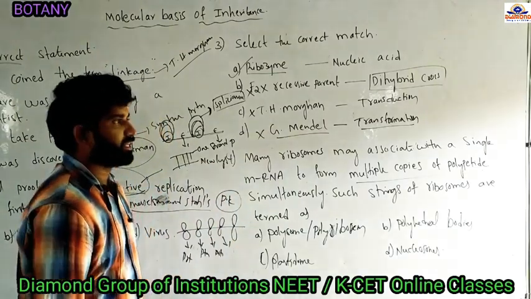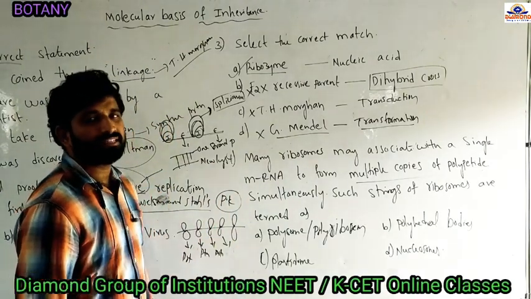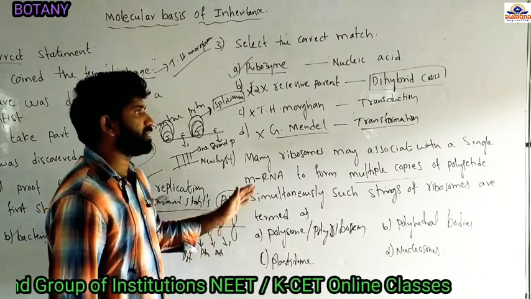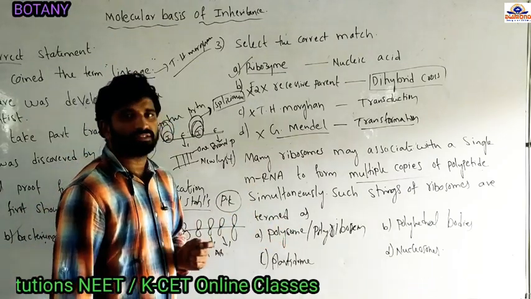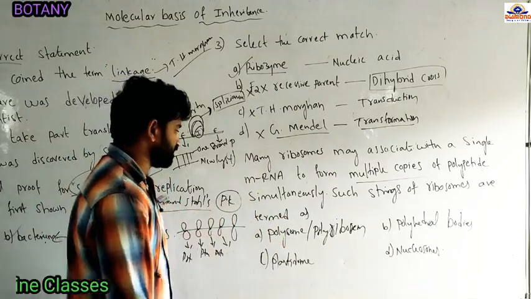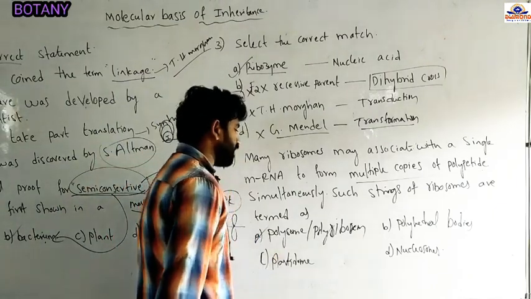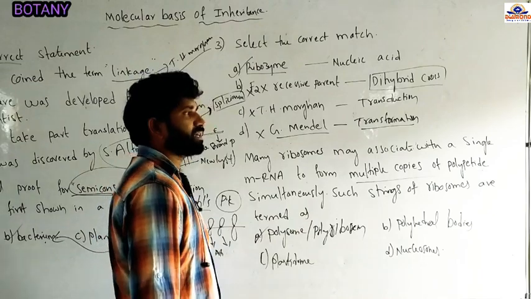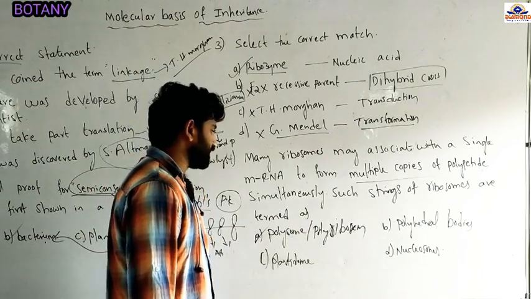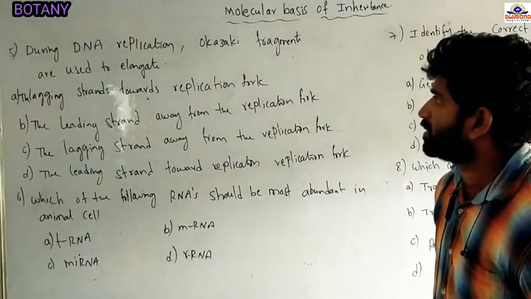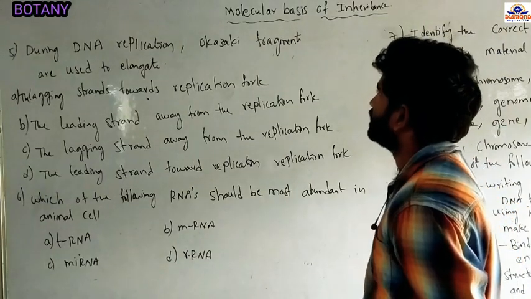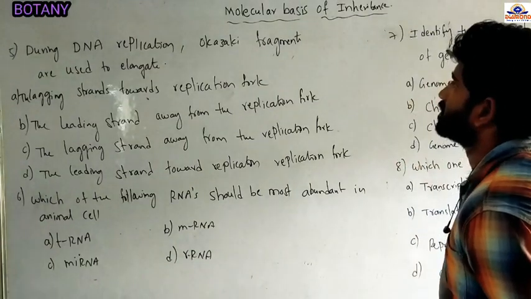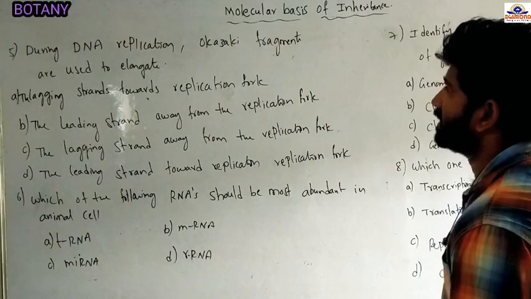Prokaryotes cannot perform the splicing mechanism, so they can synthesize multiple copies of proteins from a single mRNA. That is called a polysome or polyribosome. So it is a character of prokaryotic organisms. Answer A.